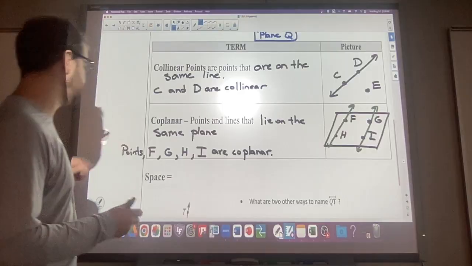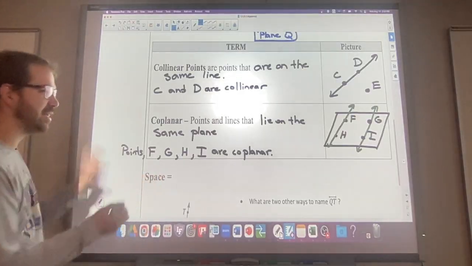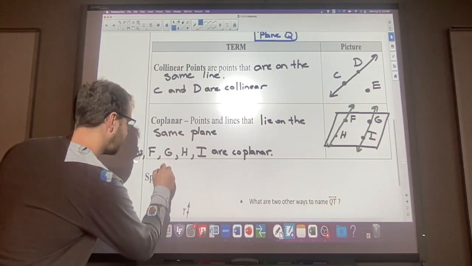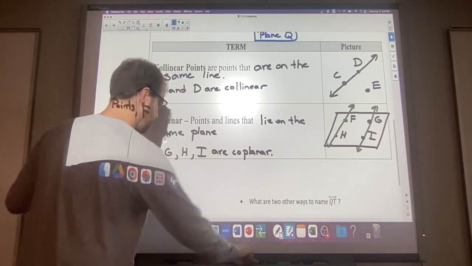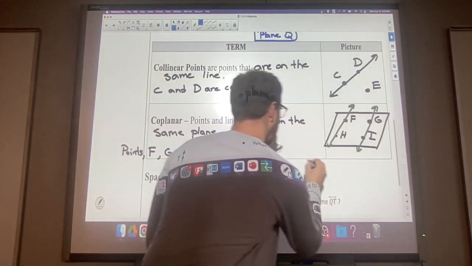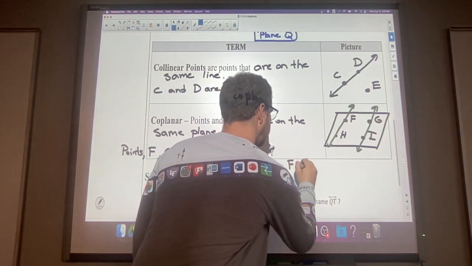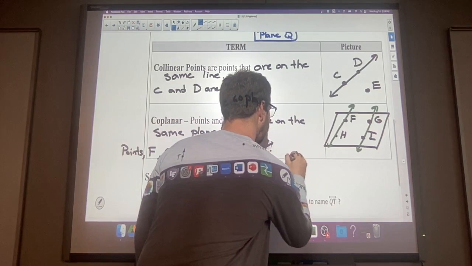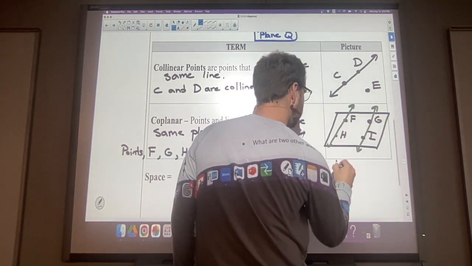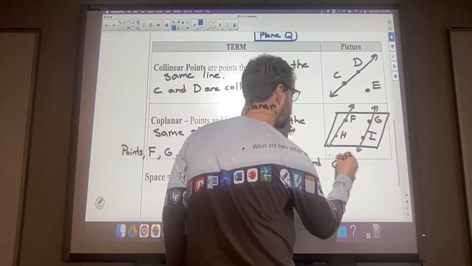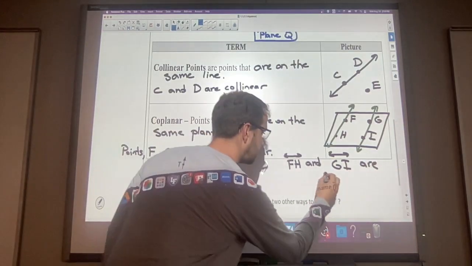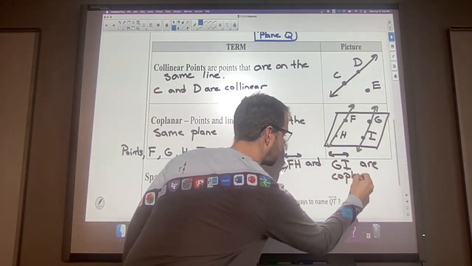We can use this symbol here instead of saying line. We can say that line FH and line GI are, you guessed it, coplanar.